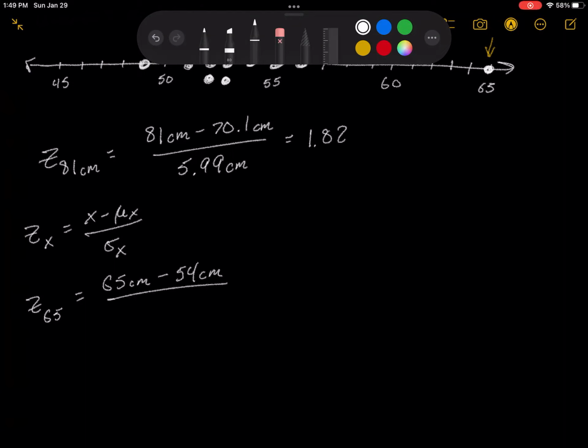The standard deviation of the women's heights is approximately 4.35. So if I find the z-score of a woman having a height of 65, I want to find out how many standard deviations away 65 is from the center of 54. And if I do this, I get approximately 2.53.